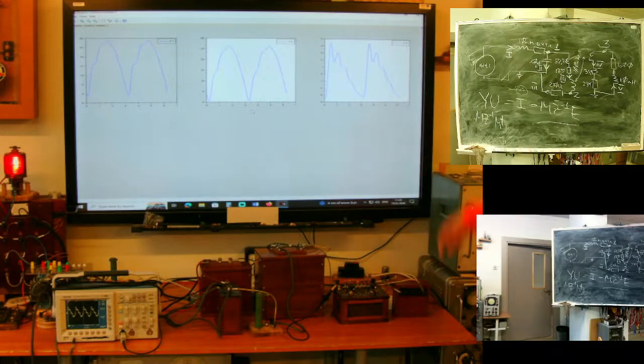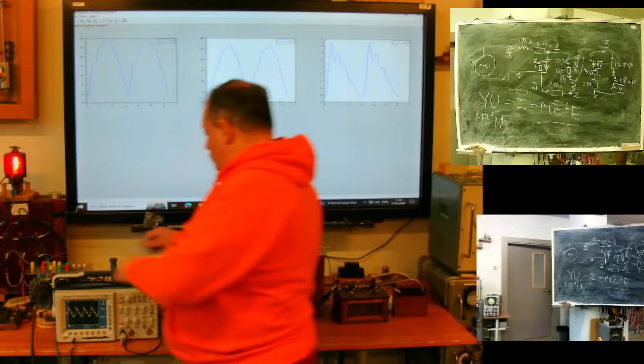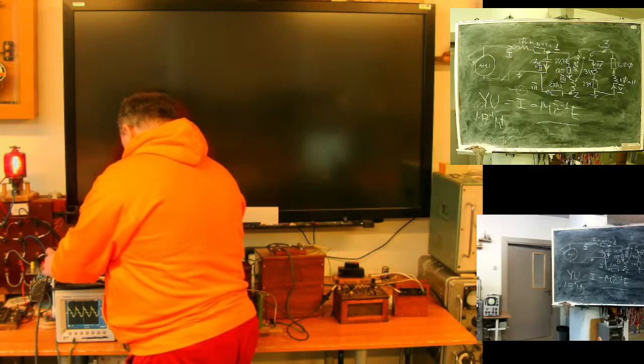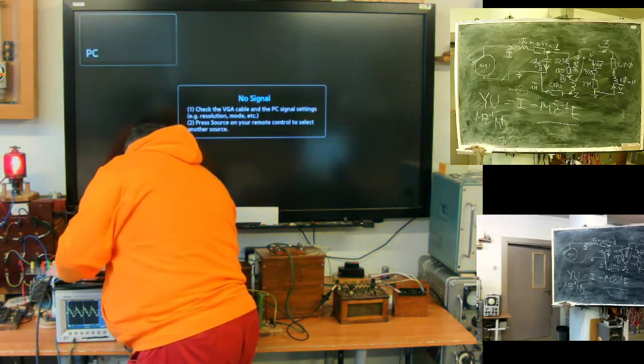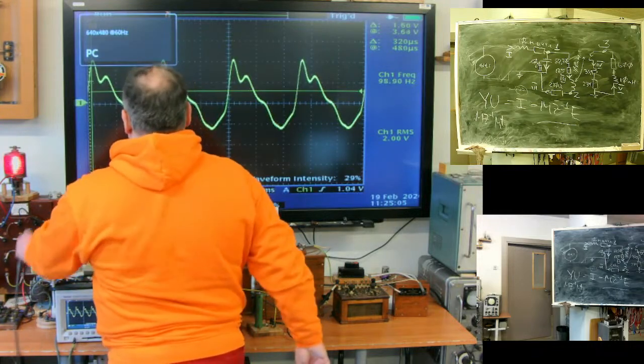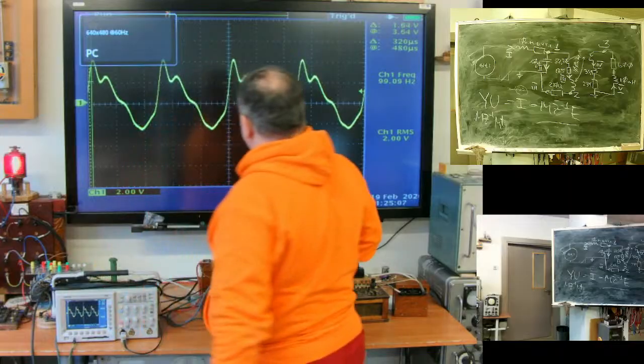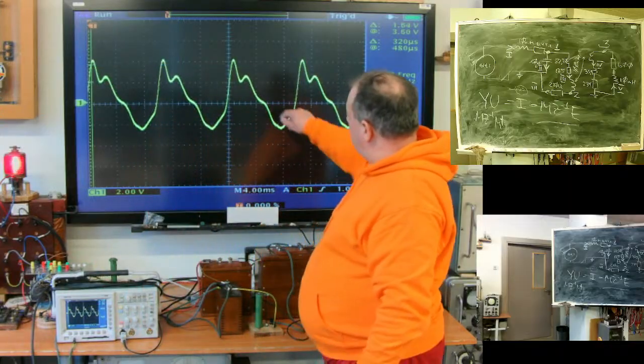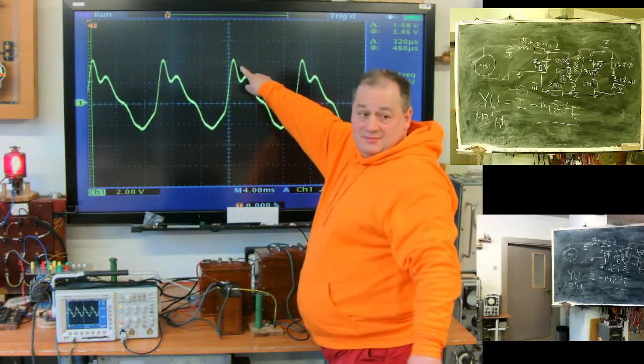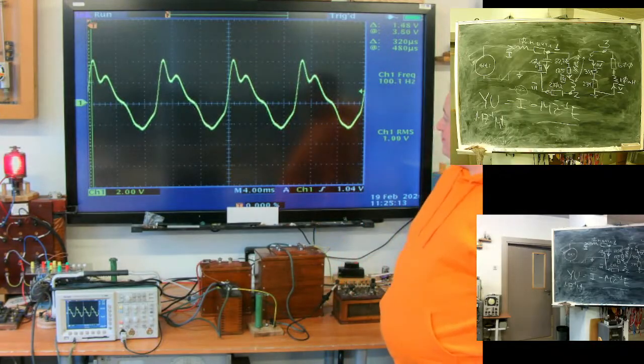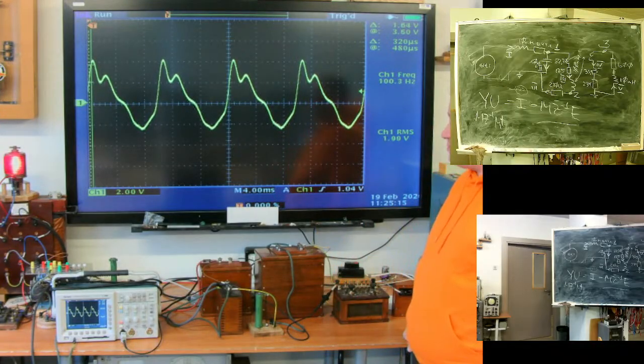Up, down, AC, approximately 5 volts. Two volts, 4 volts. Yeah, here it is.